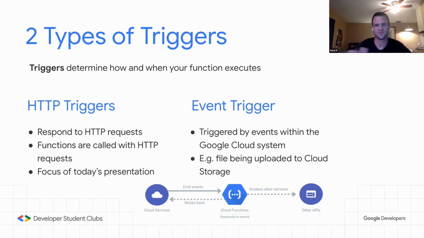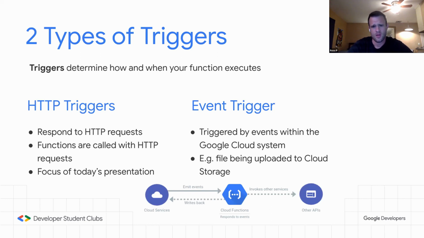So there are two types of triggers: HTTP triggers and event triggers. Event triggers are primarily used in background functions, and those respond to events that occur within Google Cloud. So things like changes to data in a database, or files being added to a storage system. Those are examples of background function event triggers.